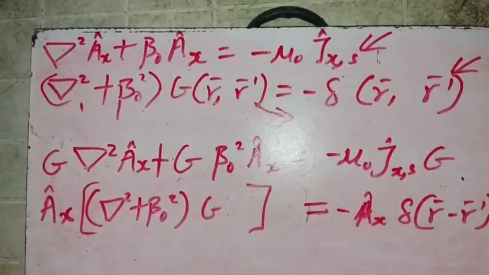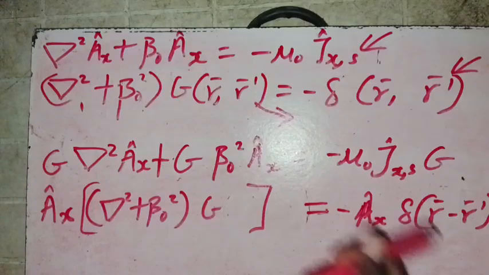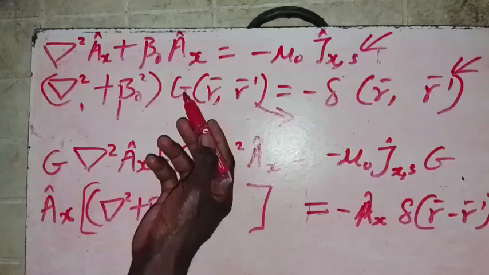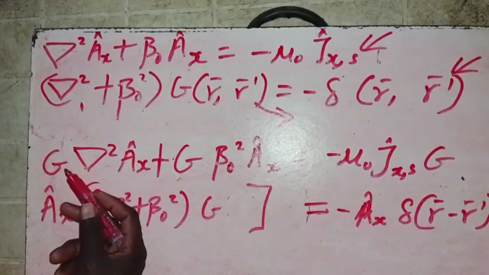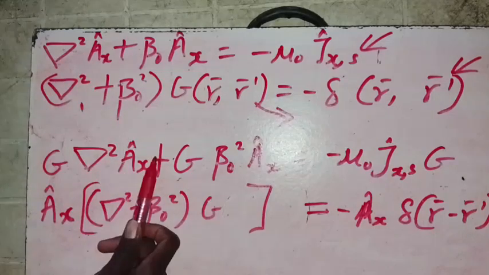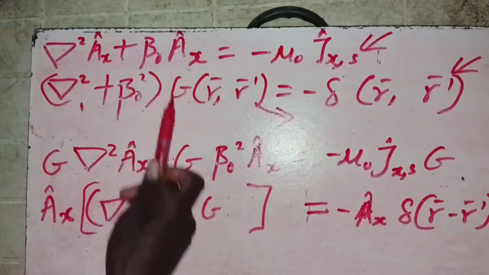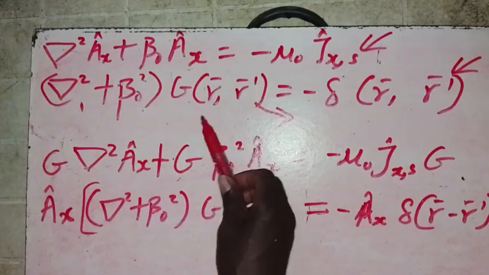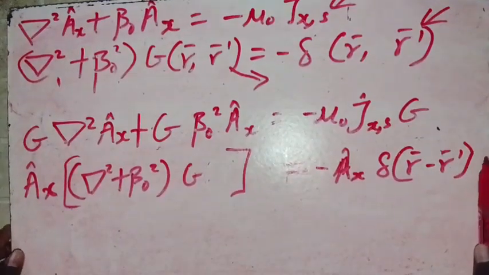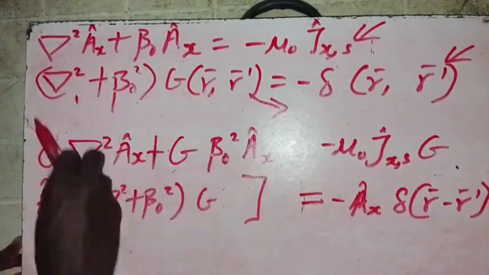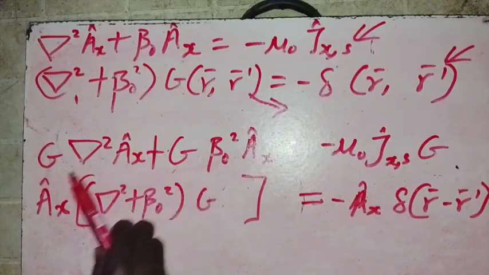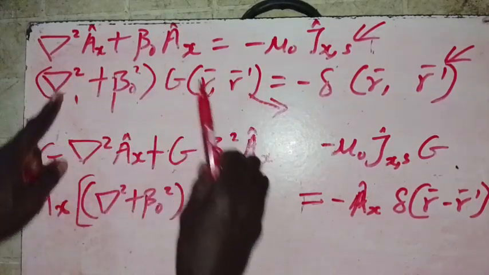Now there are a few things I want you to observe. You see this guy, when it multiplies what we have on top, instead of writing G of all this, we just wrote only G. So G multiplies this thing, gives you this, plus G multiplies this one, gives you this. Then G multiplies this one, gives you this. Hope that's clear. Then Ax multiplies this one, Ax multiplies this, gives you this, all this together inside here.